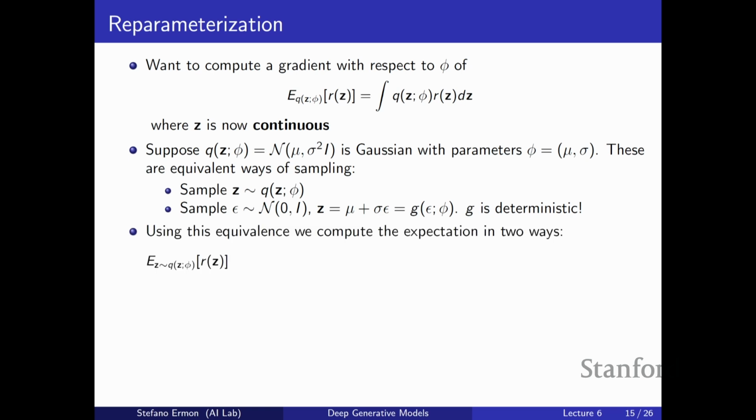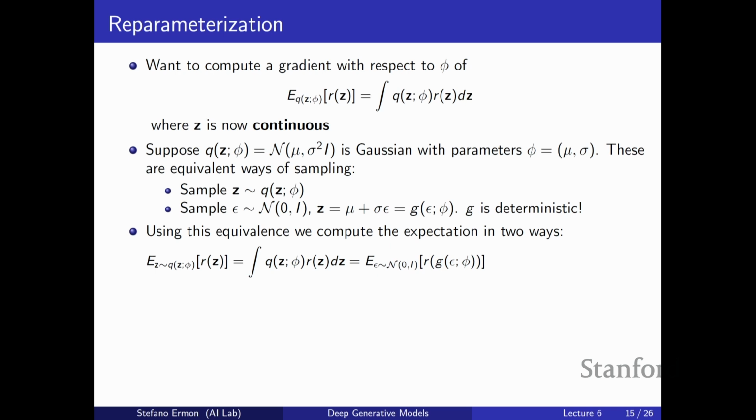And then using this equivalence, we can compute the expectation in two ways. You can either sample from Q, and then evaluate R at the Z's that you get by sampling from Q. Or you can sample from epsilon, transform it through G, and evaluate R at that point. And the key thing is that now we have an expectation that no longer depends on the optimization parameters phi.